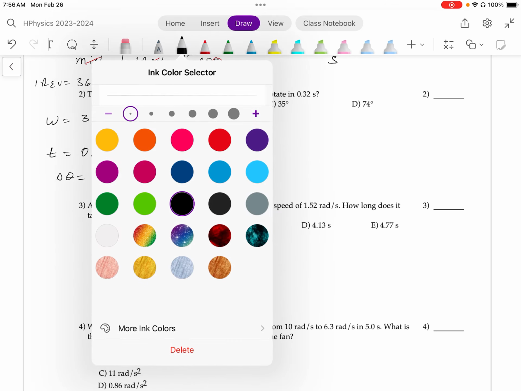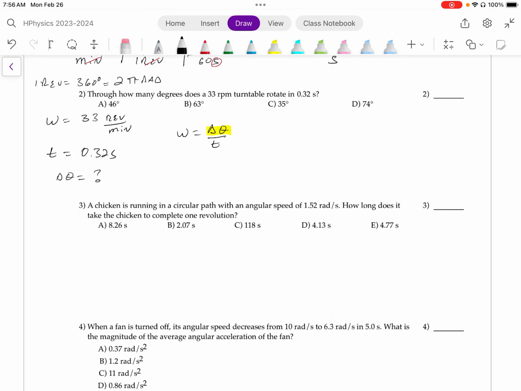So I'll rearrange the definition of angular speed for the variable that I'm looking for, angular speed times time, and I'll plug in some numbers and convert to get the units that they asked for. So 33 revs per minute, and I have a time that I need to multiply, 0.32 seconds, and now I need to convert, and my answer needs to be in degrees.